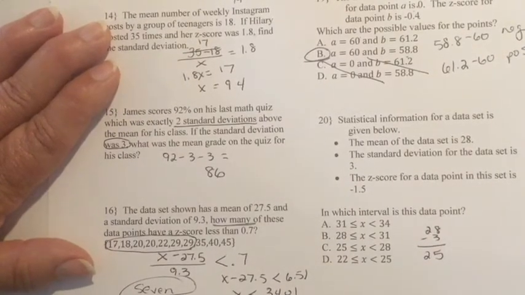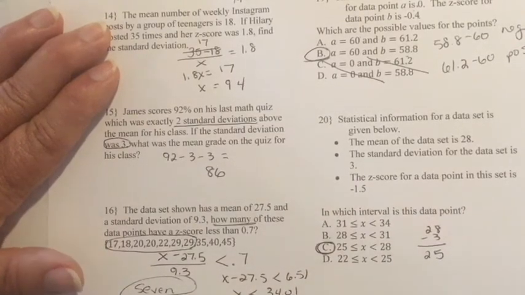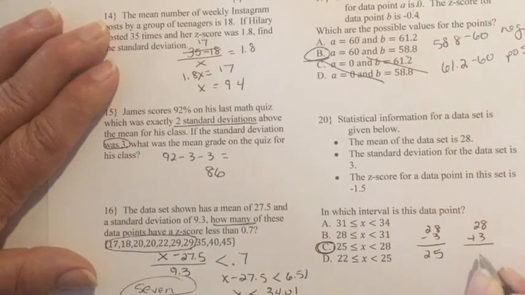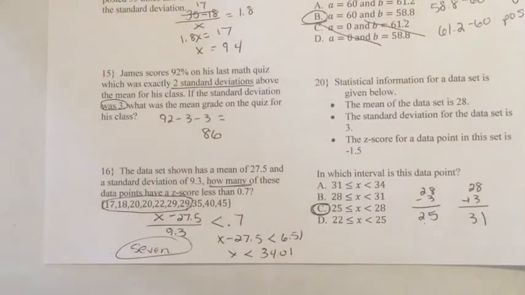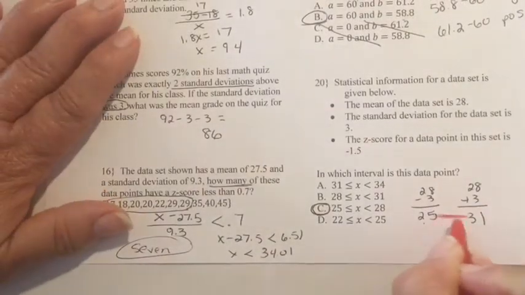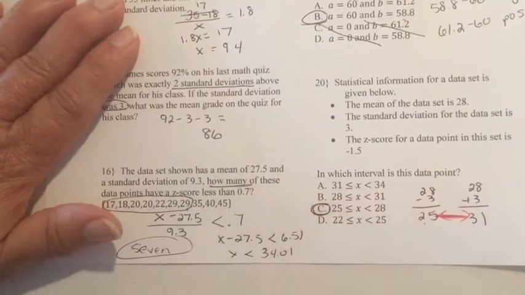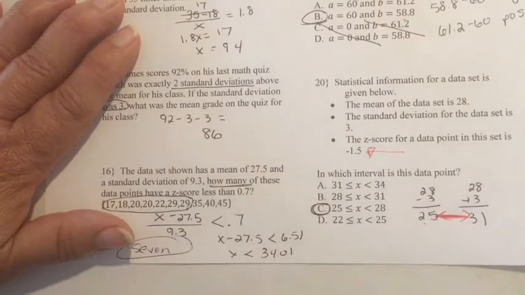So the low part is going to be the 25. So I'm thinking it's probably C. But look what happens. When you add the 3, you get 31. So that means that that data point is somewhere between the 25 and the 31. This didn't take into account where the data point would be because I didn't use the z-score information.